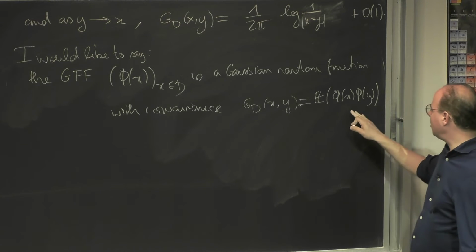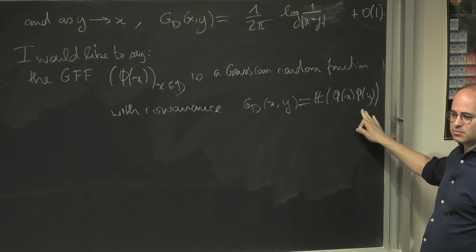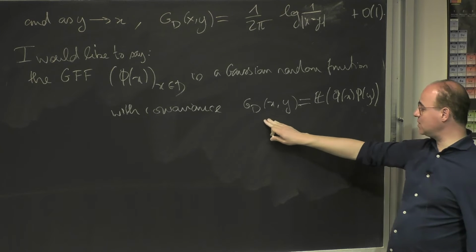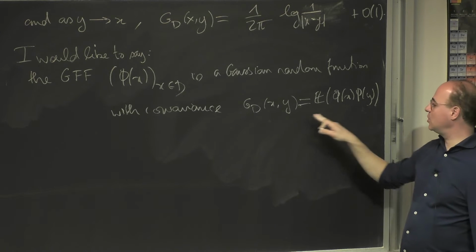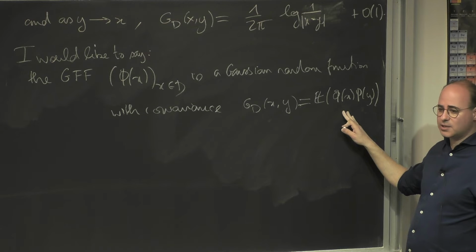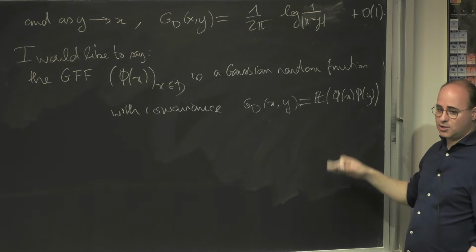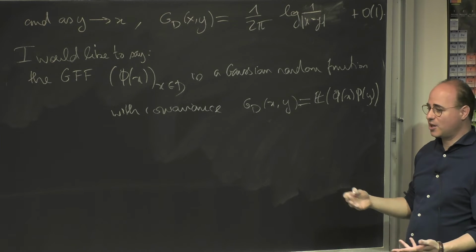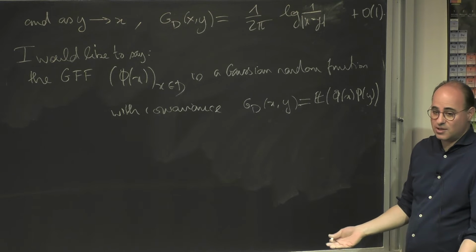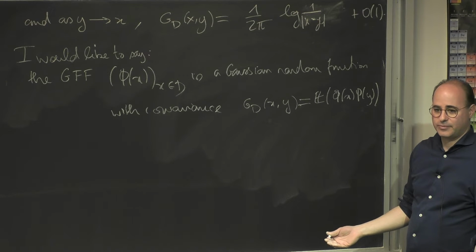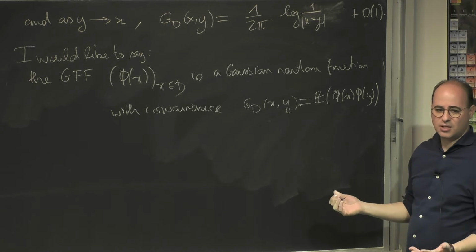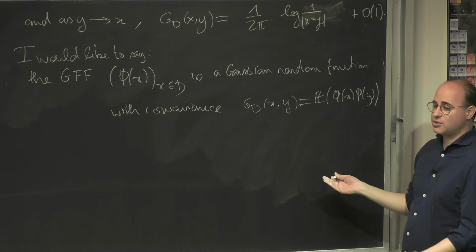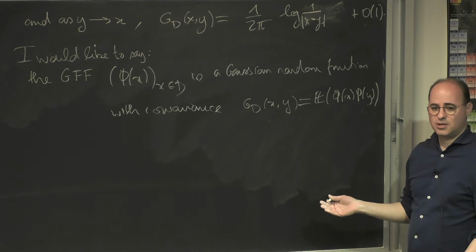Because if I take y equal to x, I'm going to have infinity on the left-hand side. But on the right-hand side, this is supposed to be the variance of phi of x. And I cannot have a Gaussian random variable whose variance is infinite. That doesn't make any sense. So this is the first hint that the Gaussian free field, you cannot define it pointwise.